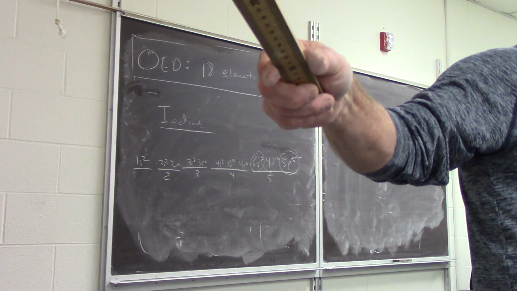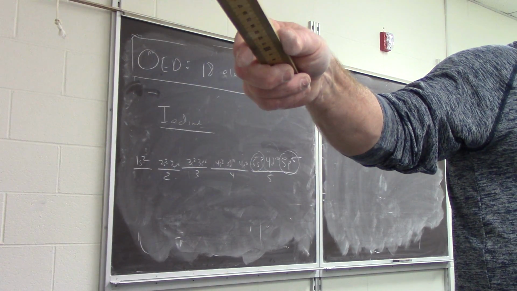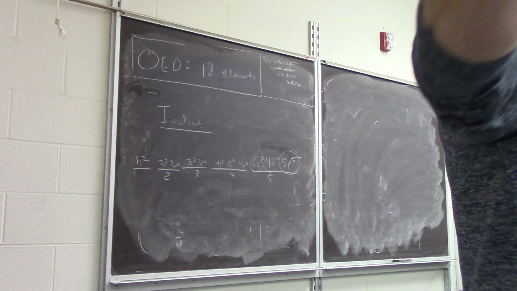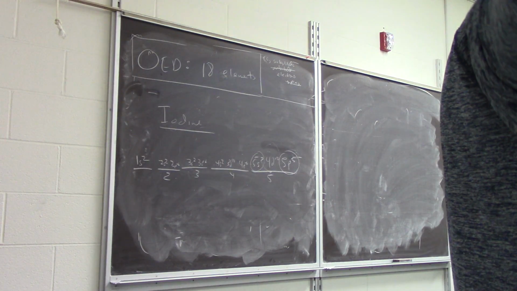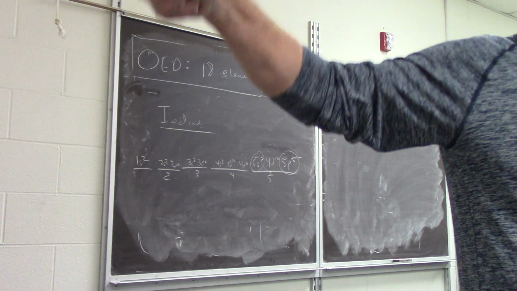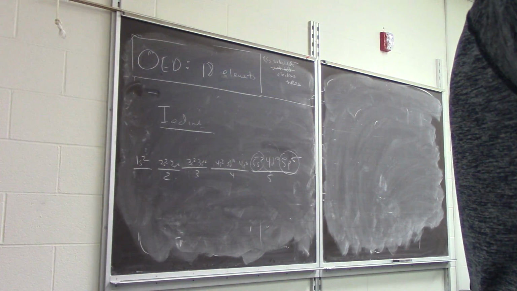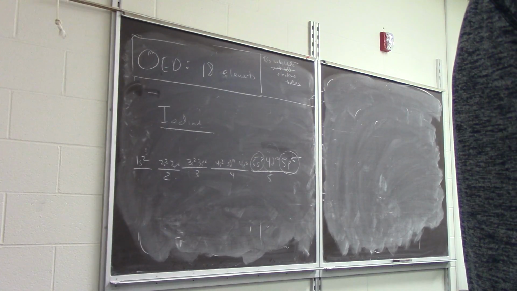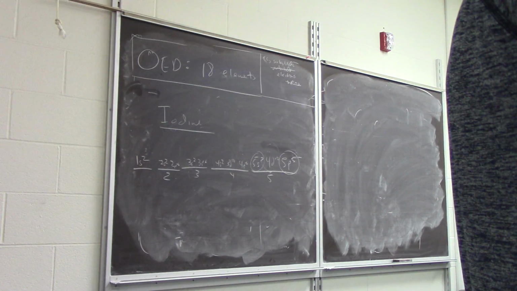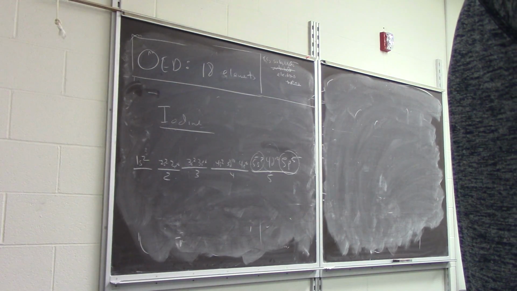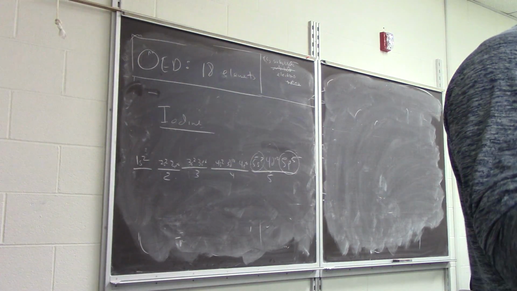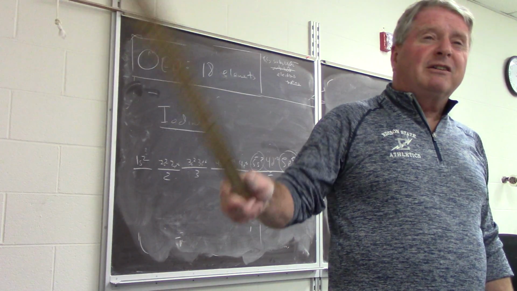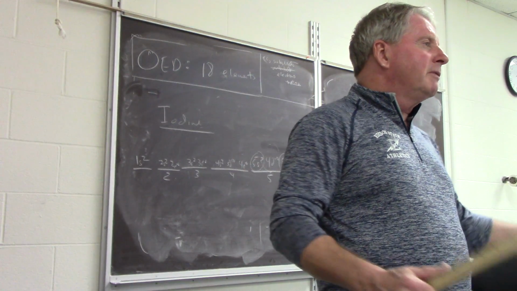So it'd be 5d10, 4F14, then come back out, 6S2. Okay, how many valence electrons did it have? 2. Because that's the highest energy level right there. And then you go back and do the same thing. With the F's, I don't want to do that. If you want to figure it out, it's not hard.